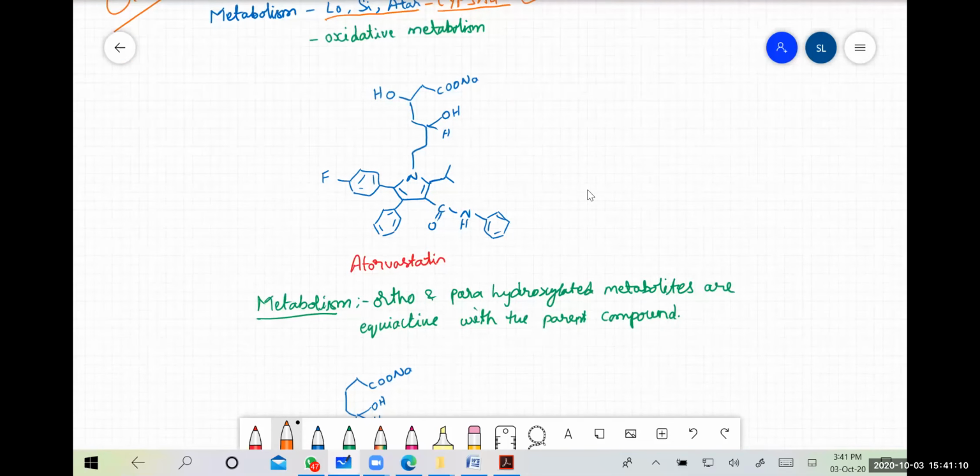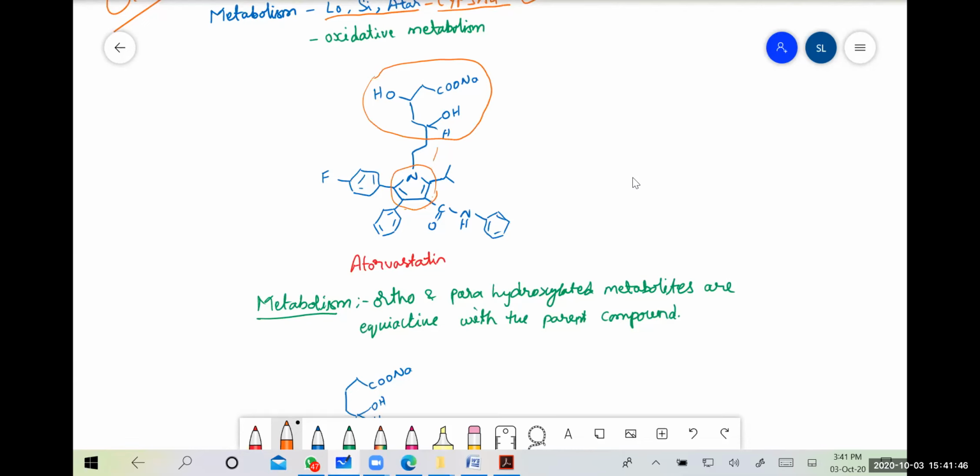Then the structure of atorvastatin is different from lovastatin and simvastatin. In lovastatin and simvastatin, there was a bicyclic system, but in atorvastatin it is a 5-membered heterocyclic system, though the other features are the same, that is the ethylenic bridge and then the open form of the lactone ring.